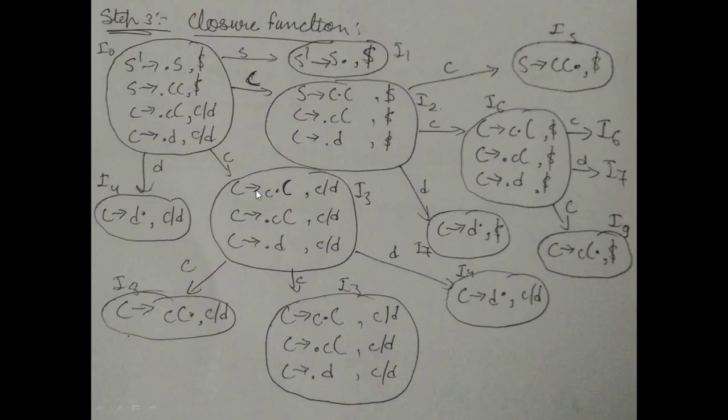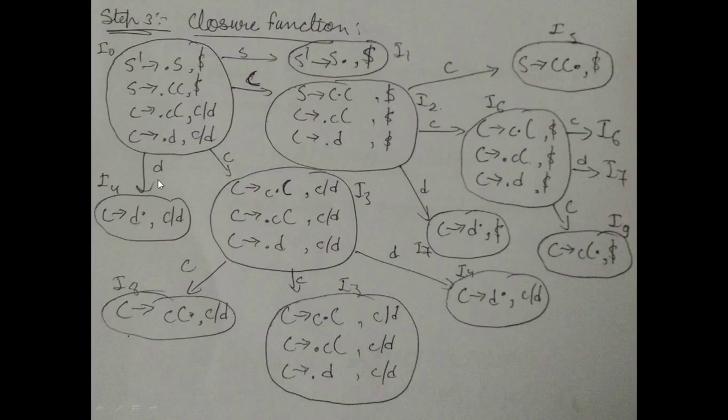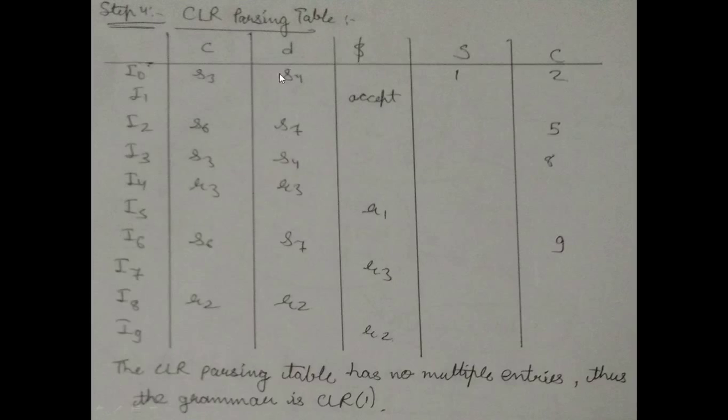We write S3 for the I0 row and terminal c column. Similarly for d, we write S4 because the transition is to the I4 state.